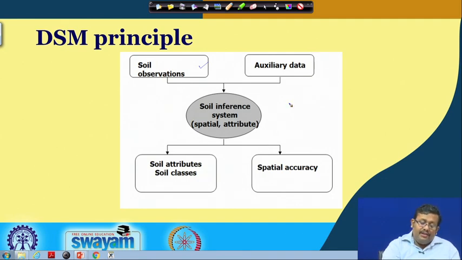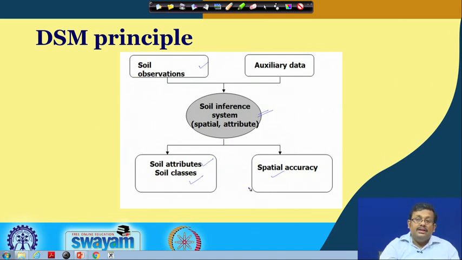models. So, this spatial inference model is known as the soil inference system, and the soil inference system ultimately produces soil attributes and soil classes, and simultaneously it also produces the spatial accuracy.